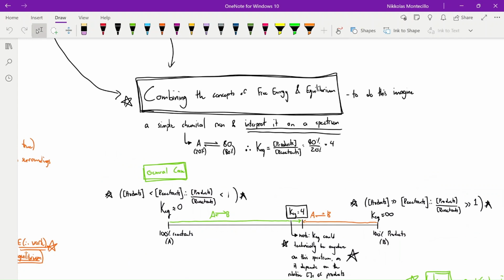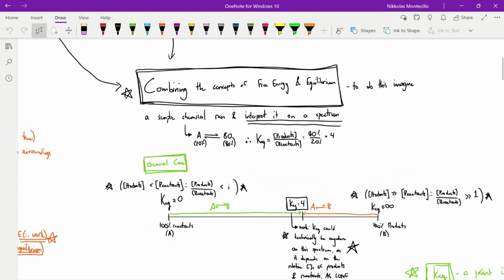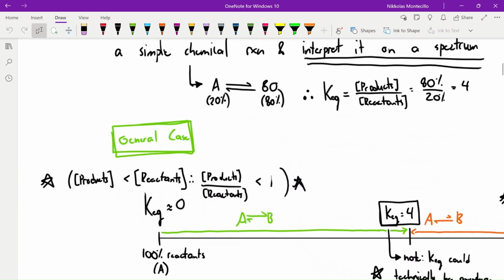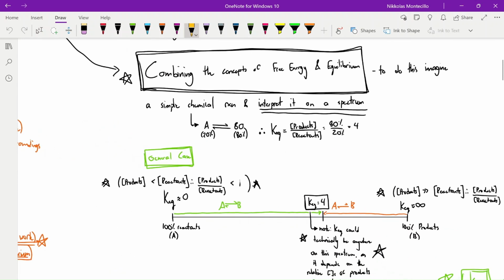So we have to show that, yes. Okay, so what happens here is that KEQ is the natural point on the scale of equilibrium, because we want the system to tend to shift to a KEQ of 4.